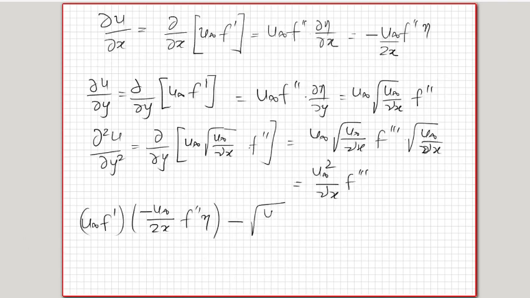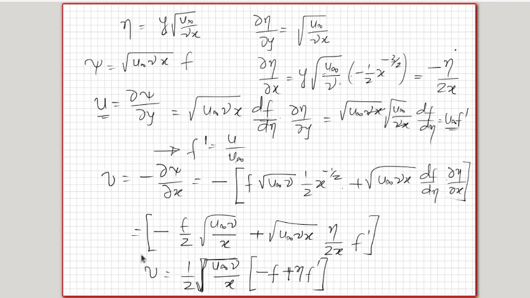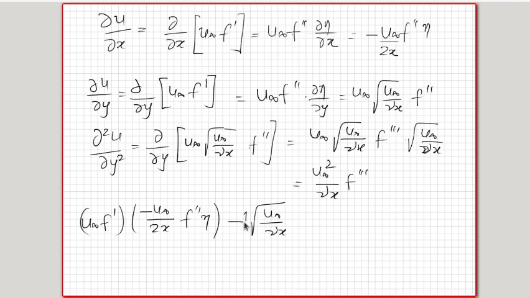√(u∞/νx) into half multiplied by minus f plus η f'. This is v, and multiplied by ∂u/∂y, which is u∞ into √(u∞/νx) into f''.